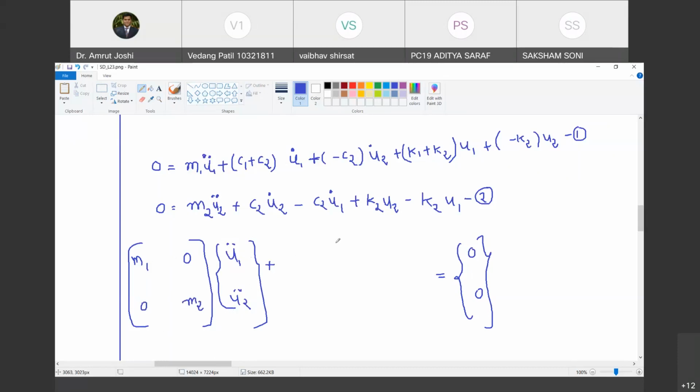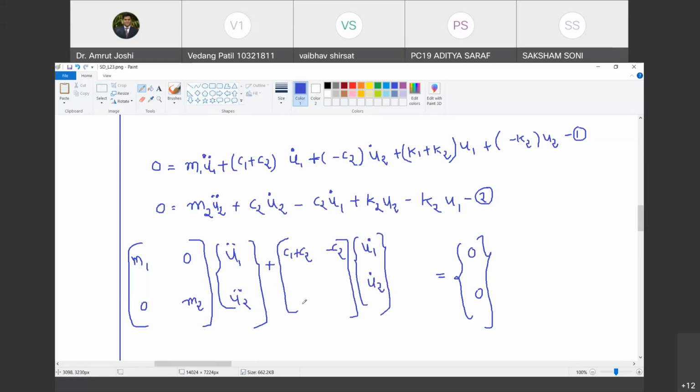Now let me collect all the terms in u1 dot and u2 dot. Happy? Yes. Chalo, collect karo. What is the coefficient of u1 dot in first equation? c1 plus c2. What is the coefficient of u2 dot in first equation? Minus c2.